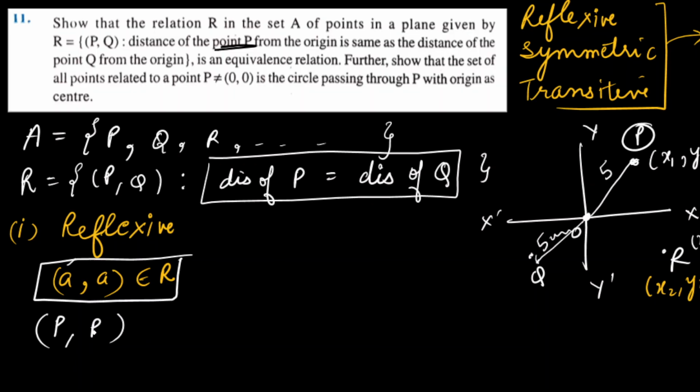Therefore we can write that (P, P), this type of ordered pair, belongs to R, which implies R is a reflexive relation. For a reflexive relation, we know all the duplets should belong to the given relation.